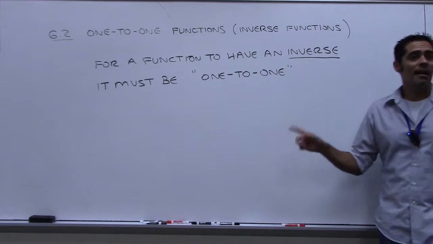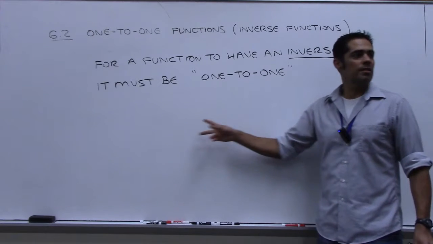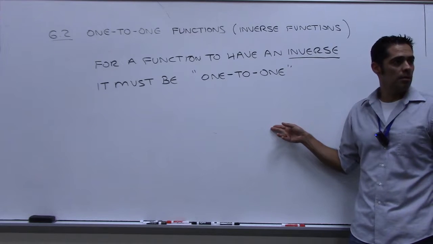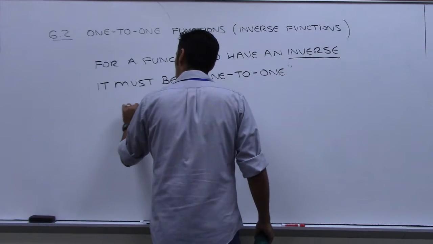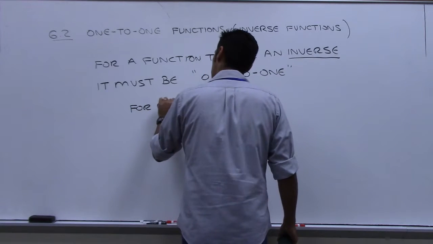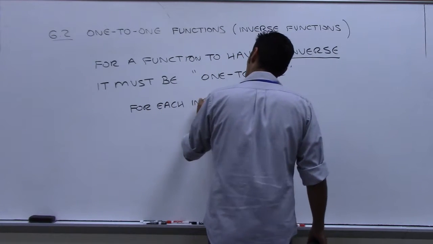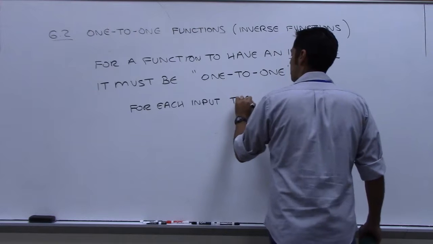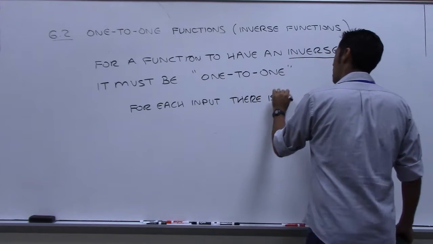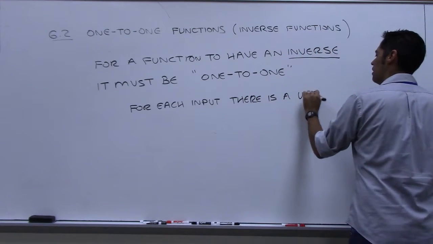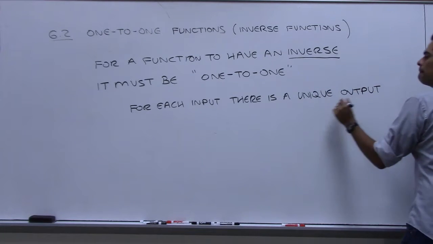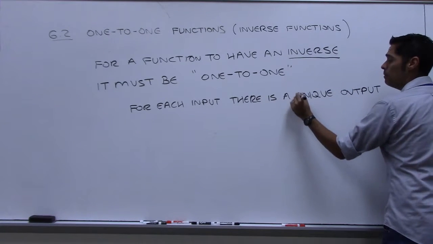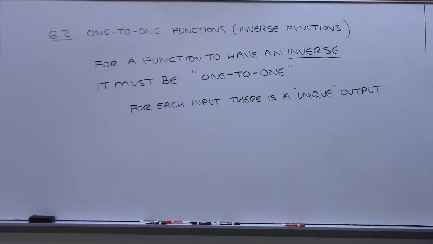So you cannot have two numbers going to the same place like we did before. That can't happen. So we say for each input, there is a unique output. Cubic would be an example of one.